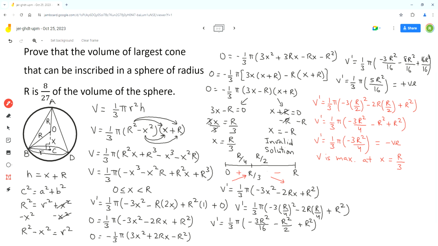Now we can find the expression for the volume of the cone. We can use this equation to calculate the volume of the cone.